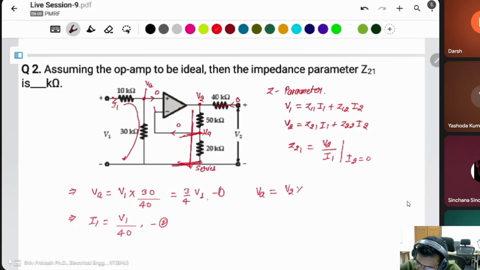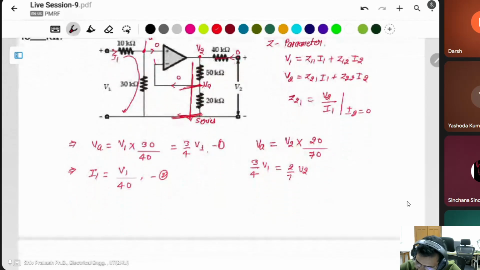V2 is the total voltage, and this resistance is 20k divided by total resistance 50 plus 20 is 70, and VA in terms of V1 is 3 by 4. 3 by 4 V1 is equal to 2 by 7 V2. Then what is V2? V2 is 21 divided by 8 V1.